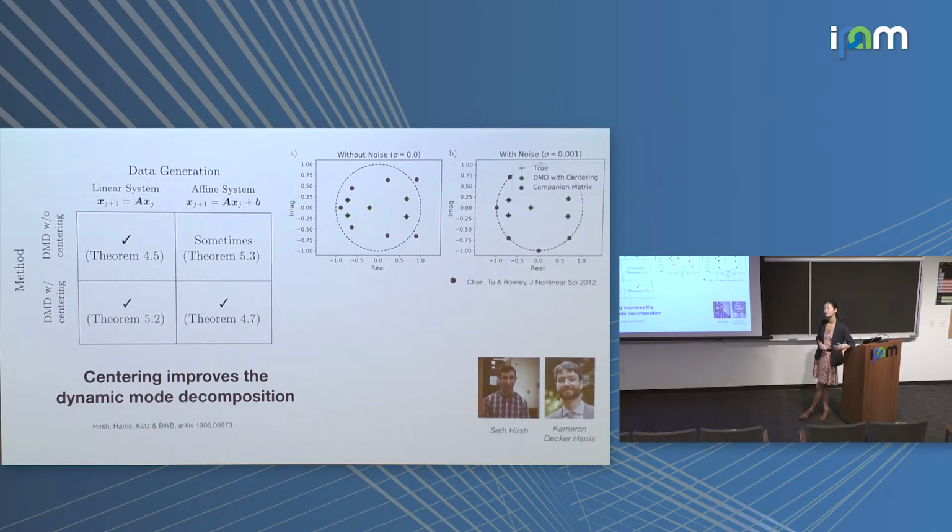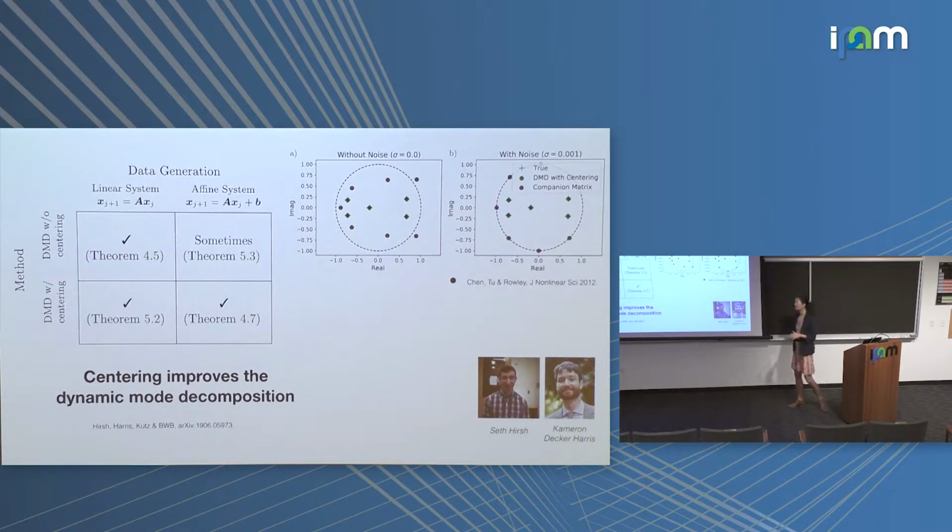And if you use the exact DMD formulation that's based on the SVD, the results are different. If you look at their version of the results, you do get this convergence where the eigenvalue spectrum converges onto the unit circle. But that does not happen if you use the exact DMD SVD formulation. So that's one of the differences between what we did and what they did.